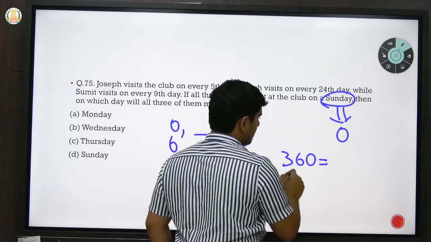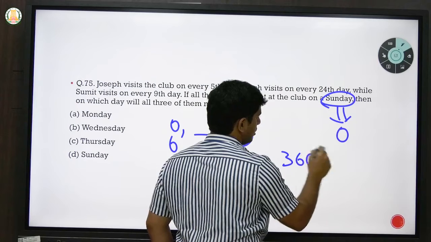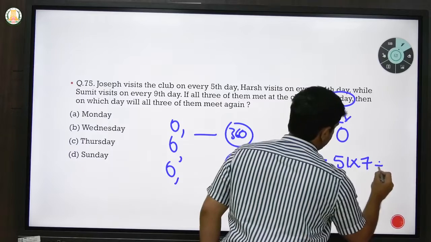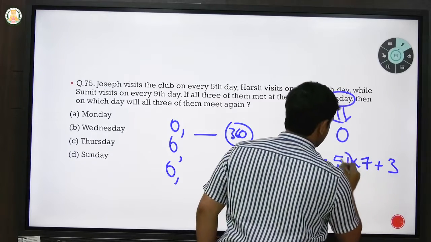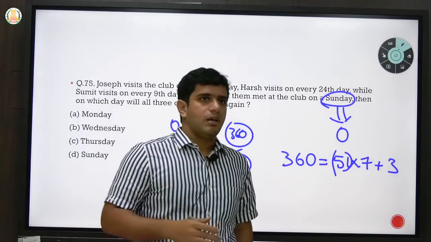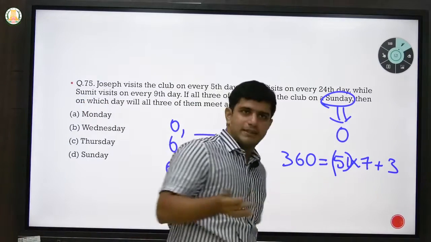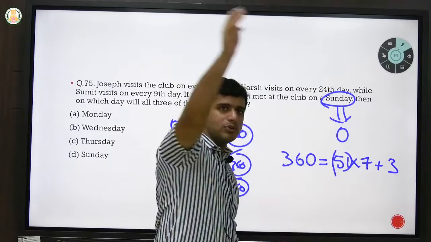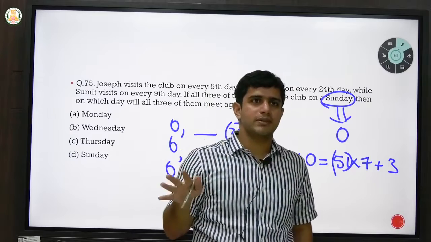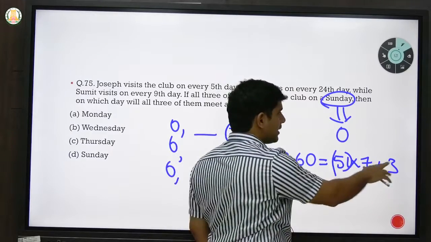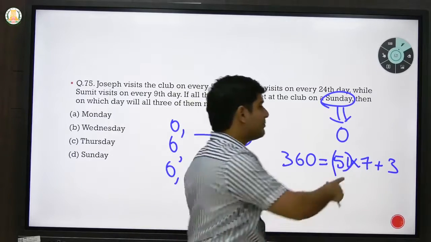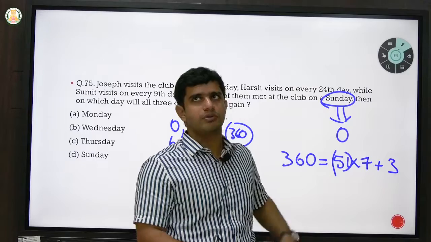That is 51 into 7 plus 3. In a year there are 52 weeks and 365 days, so 360 is almost in the last week of the year. 51 weeks are over, and if 3 more days are over, then you get 360 days. If 7 more days are over, you get 364, 365 like that.